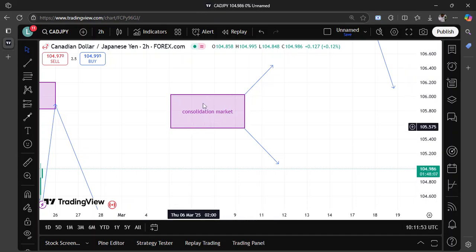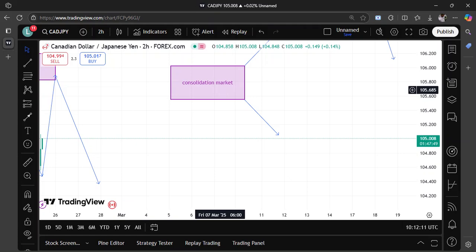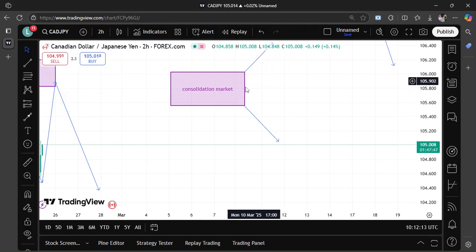But what if I tell you that this first expansion, whether it expands downwards or upwards, is where your opportunity lies in trading? Let me break this down to you. If this market is consolidating, yes, it's fine, don't take any decisions because it's either going to go up or down, which your textbook and mentor said.